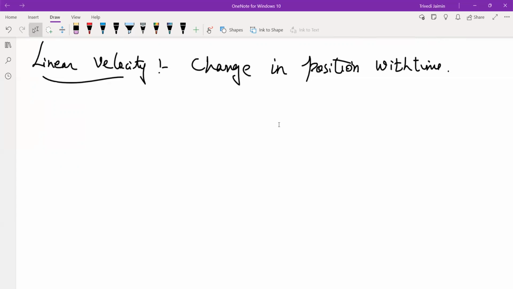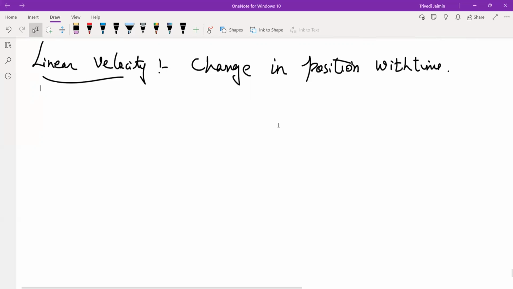The name itself suggests: instant. So velocity at a particular instant of time. That is instantaneous velocity.